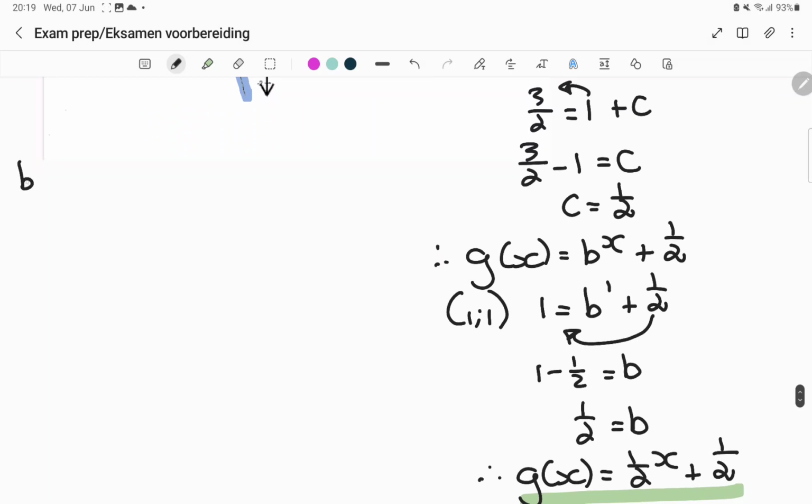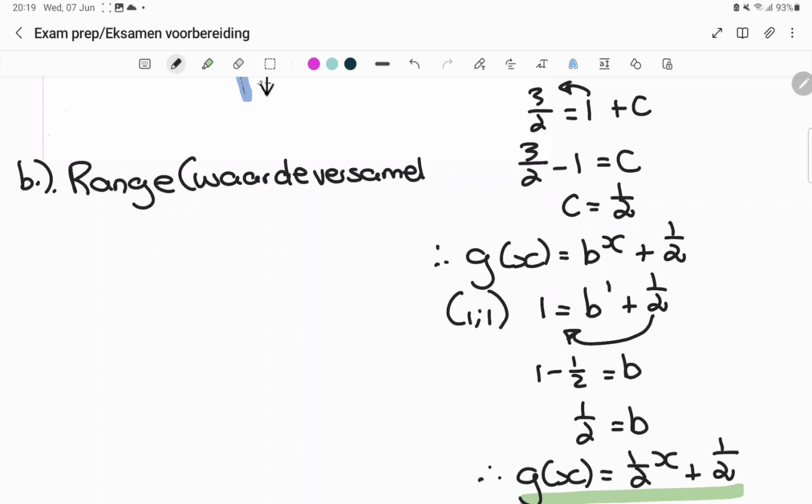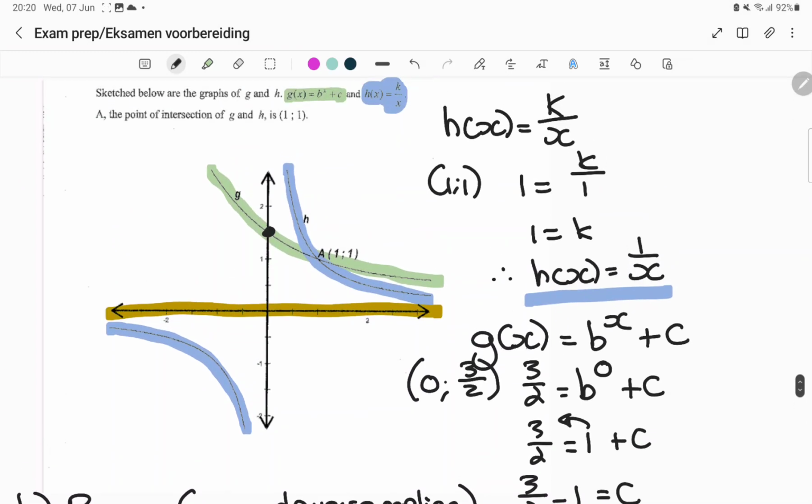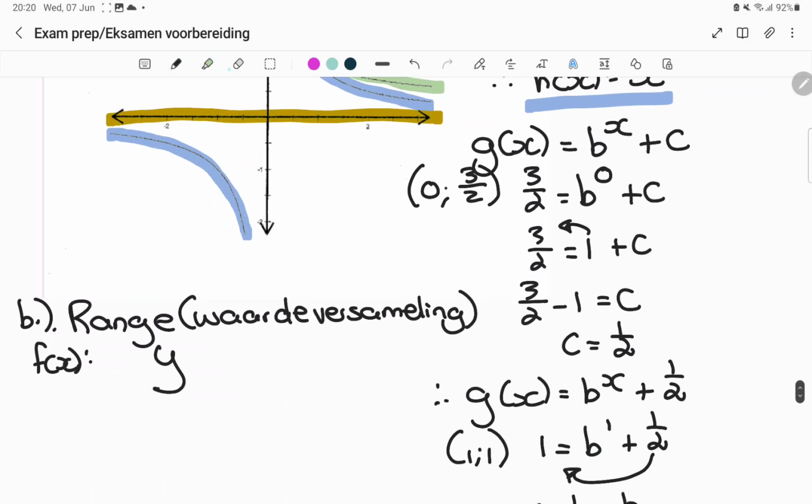So question B, I'm asking for the range of f, in Afrikaans die waardeversameling van f. Alright, so looking at your range, I'm looking at the y. Let's quickly check what is happening with h of x.